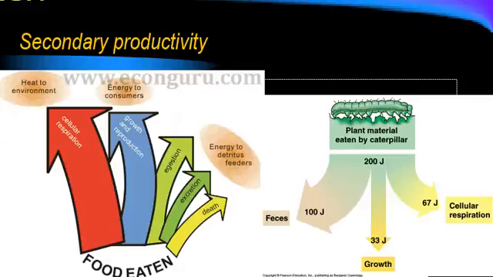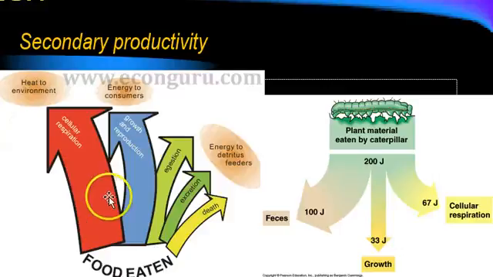Now, there is another type of productivity called secondary productivity. And that's basically the rate at which consumers convert their own energy into usable biomass. So that energy that they took in as food, they turn it into mass for their own body. And that's the secondary productivity part.